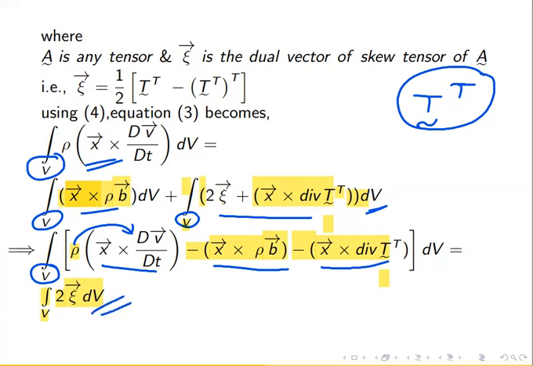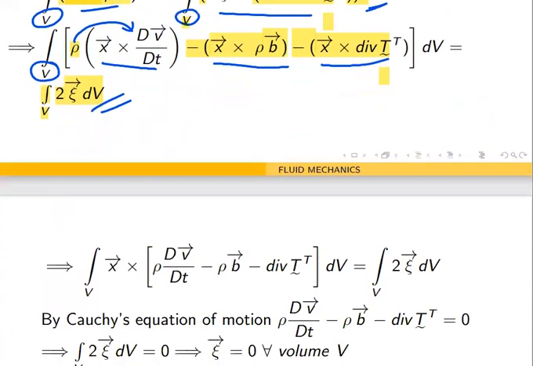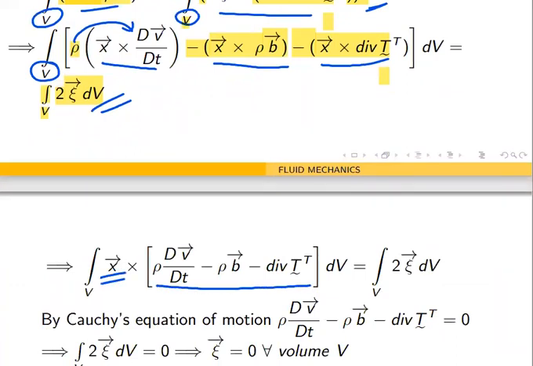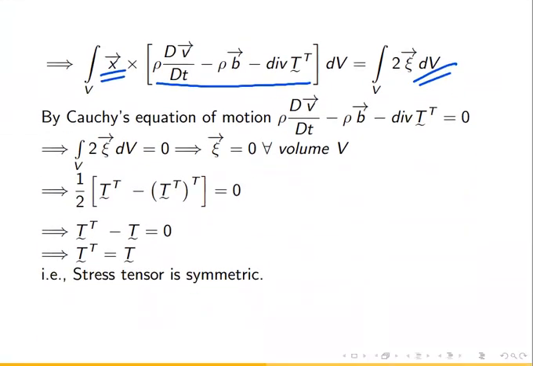So x cross is common, we'll take x cross common, x cross the remaining all within one bracket dv equal to the RHS, right? Now from Cauchy's equation of motion, we have rho dv by dt minus rho b minus divergence T transpose equal to 0, right? So this whole thing is gone now. It is becoming 0. So we have the RHS, that is the volume integral 2 xi dv, equal to 0.